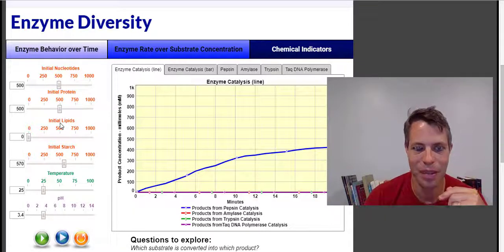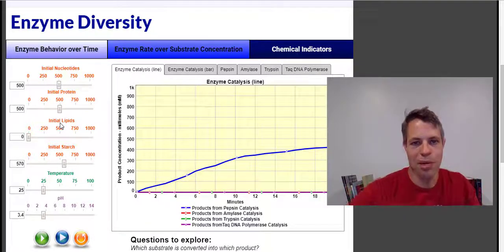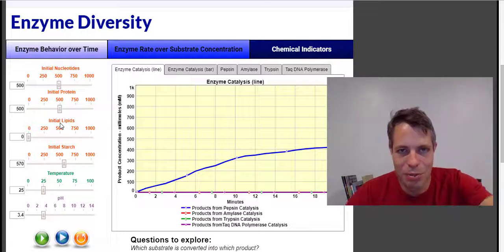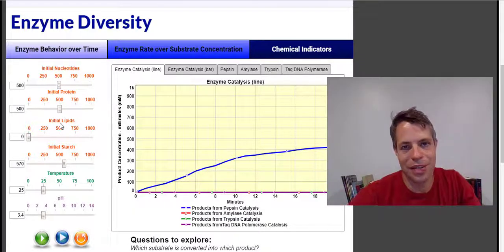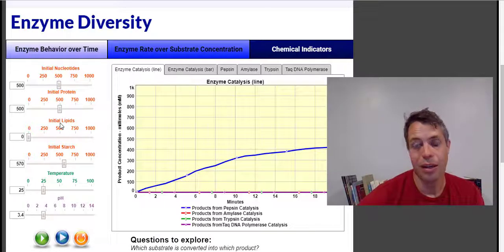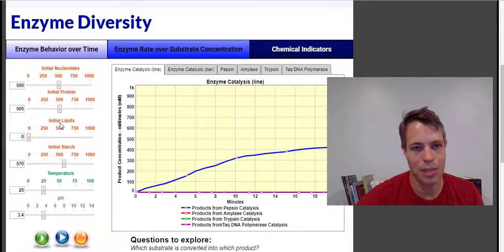All right, so I have students figure out in a game-like way which of those substrates are acted on by which of the enzymes. After I do that, I'll have them pick an enzyme and ask, what is its optimal temperature and what's its optimal pH?